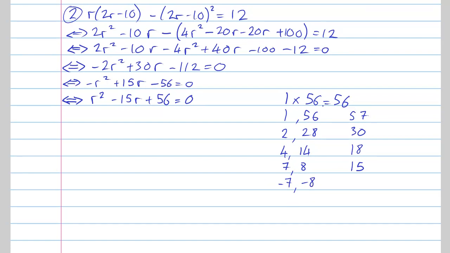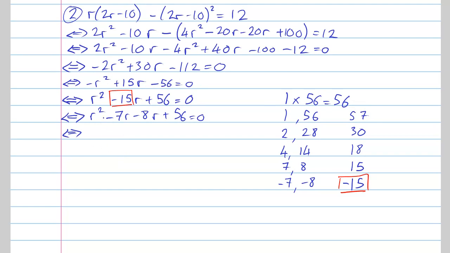They'll both multiply together to get the plus 56 that we're looking for, but they'll also add to get a minus 15. So this minus 15 is exactly this minus 15 here. So what we do is, instead of writing minus 15r, we replace that with the other two numbers, the minus 7 and the minus 8. So we have r squared minus 7r minus 8r plus 56 equals 0.